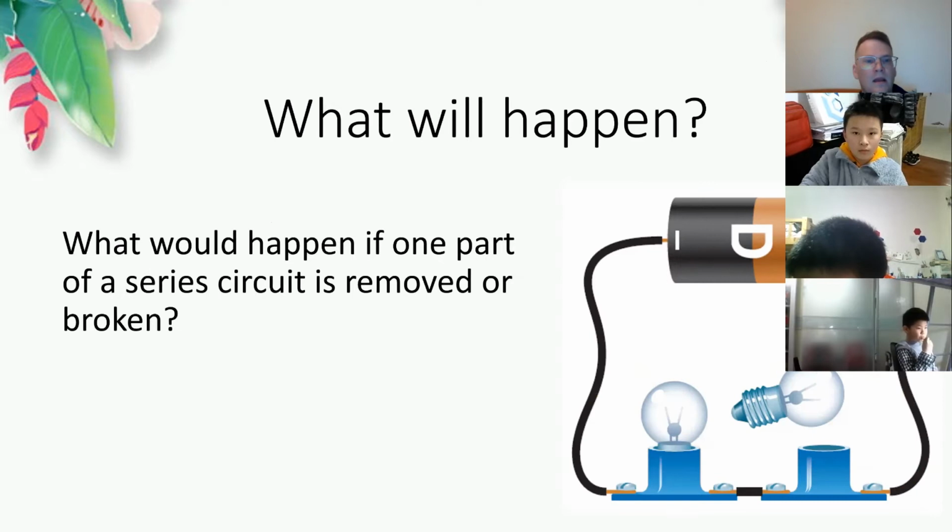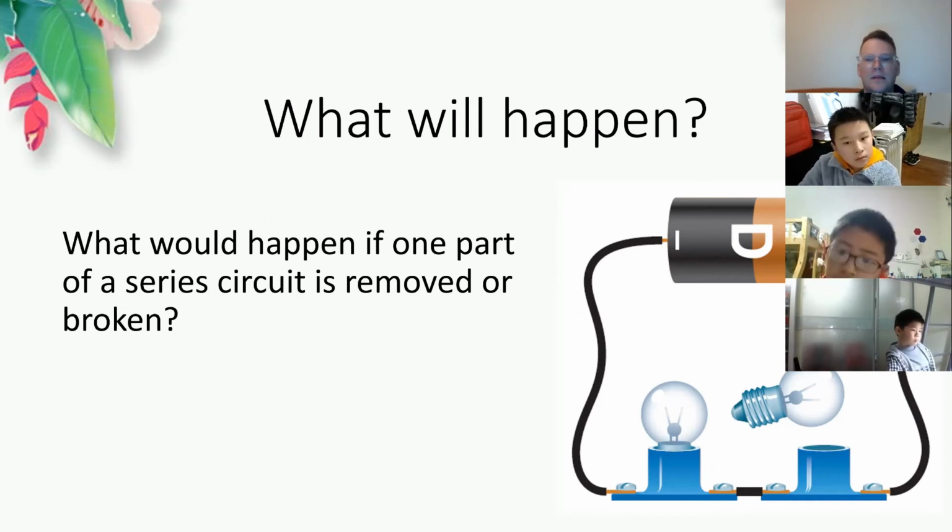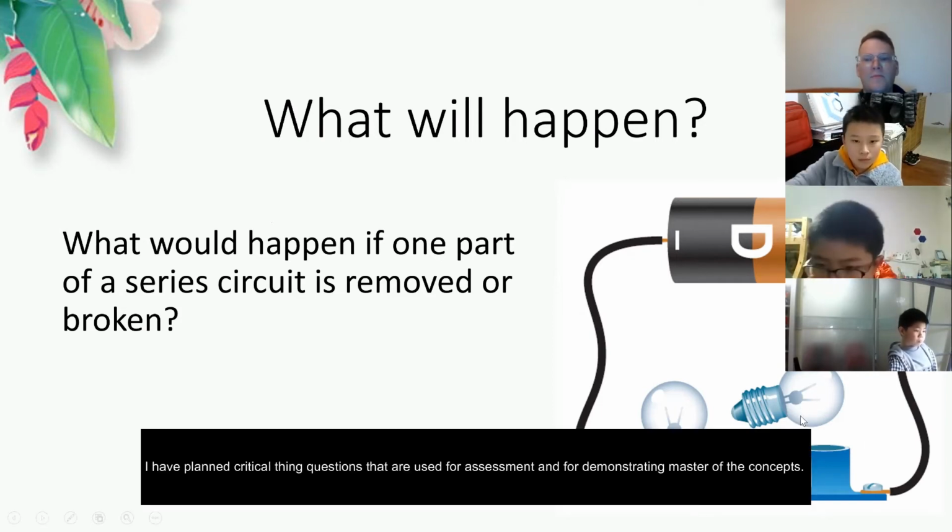Okay. So what would happen if one part of a series circuit is removed or broken? This question is for everyone. So look here, we've got the light bulb missing from this series circuit. All right, Andy?